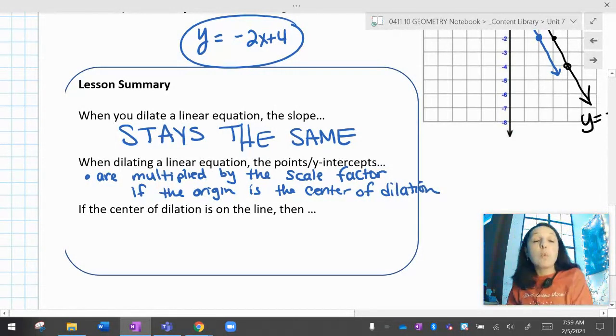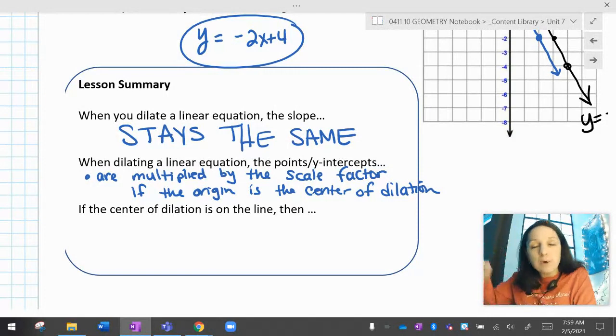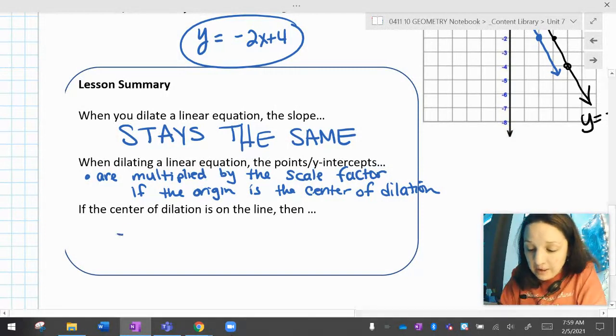So your points or your y-intercepts also get multiplied by a scale factor, assuming that your origin is the center of dilation. Otherwise, you would count it out to figure out your new points or new y-intercepts. And if the center of dilation is on the line, then the line doesn't change.